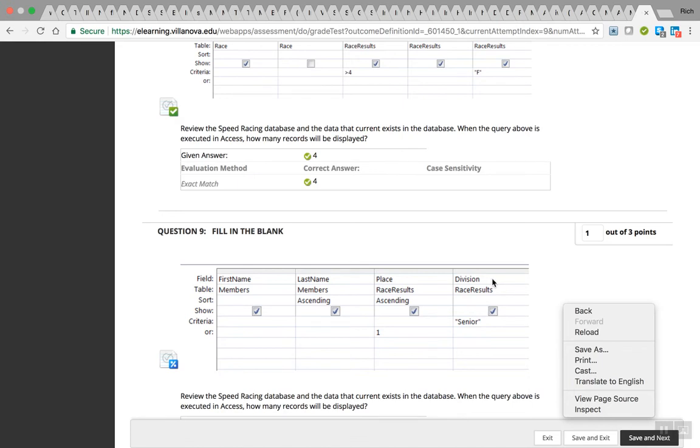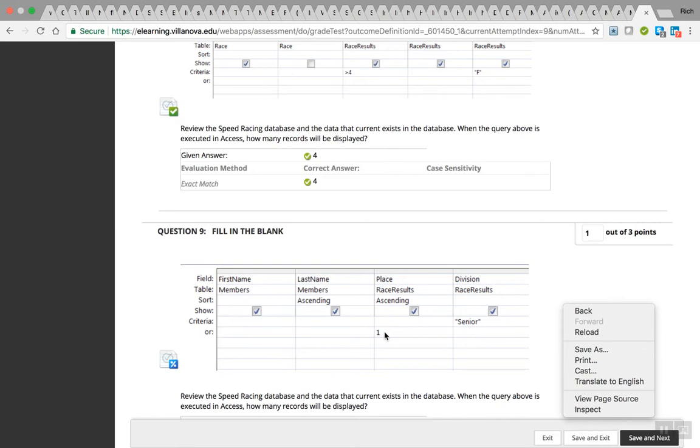Where either the runner, or the racer, finished in first place. So this is going to be going against, we'll find that against the race results. So we'll find somebody who's either finished in first place or is a senior.